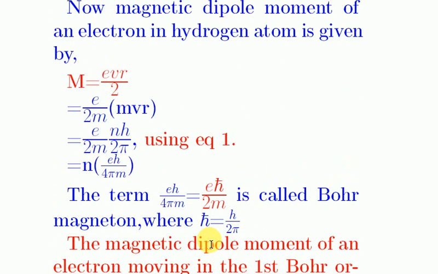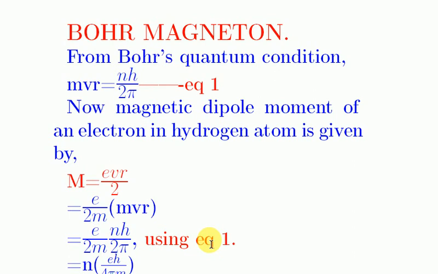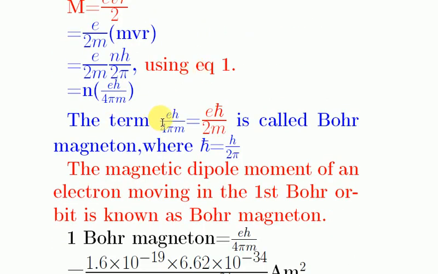So this was the discussion today: first, the derivation of the expression of Bohr Magneton, which is eh by 4 pi m or e h cross by 2m, where h cross equals h by 2 pi.